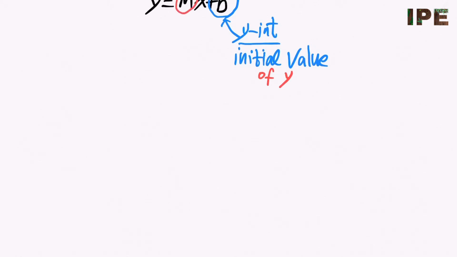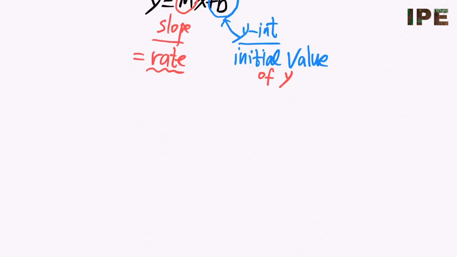What about slope? There was a slope in the graph, right? The slope represents rate. What does the rate mean? Rate means how much the y value is increasing or decreasing by 1 unit of x.